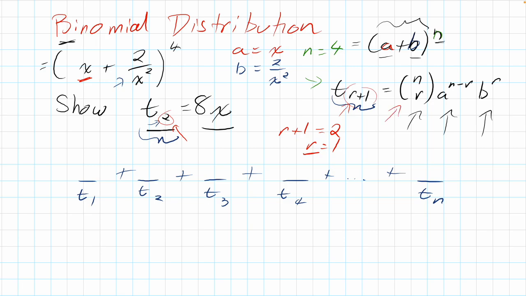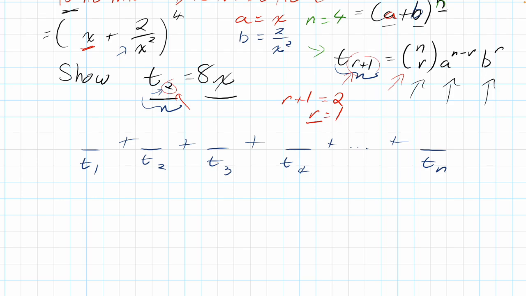Now I can start to plug into the general formula. I'll write them on the side again for reference. A is x, b is a fraction with an exponent, our n is 4, and r happens to be 1. So for our general formula, we have T sub 1 plus 1, which is 2.